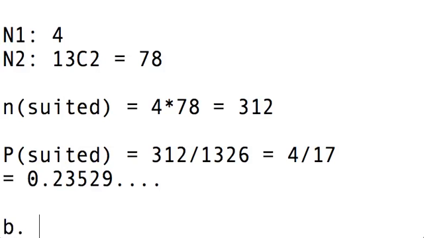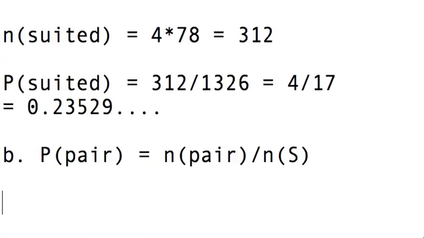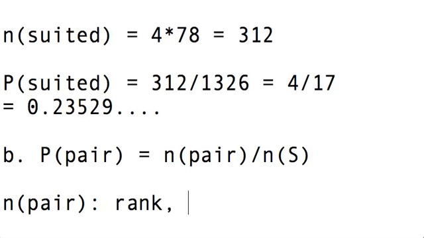How about B? What is the probability that I get a pair? Well, again, let's look at this. This is the number of ways of getting a pair divided by the number of ways of getting a hand. Well, when choosing a pair, there are, again, two operations.